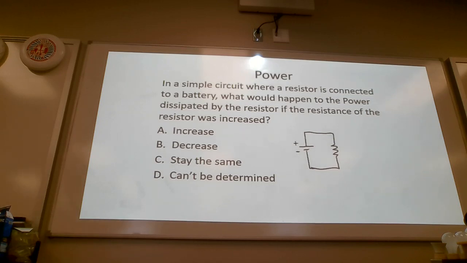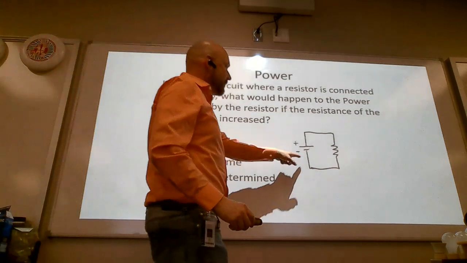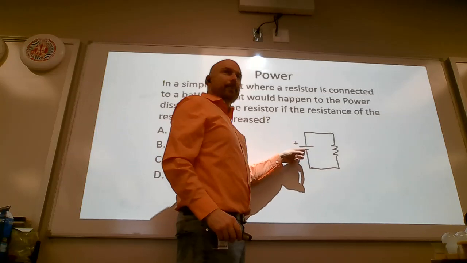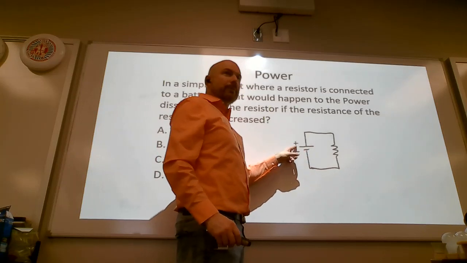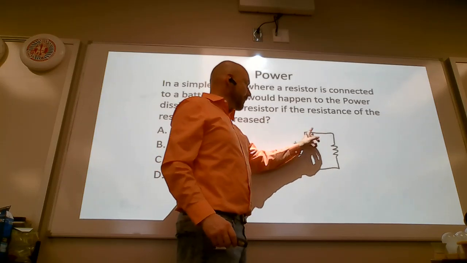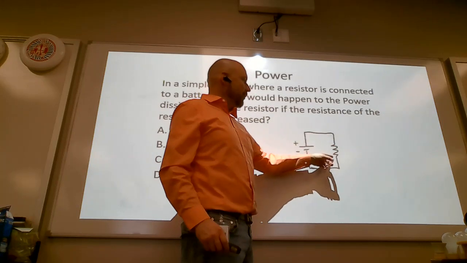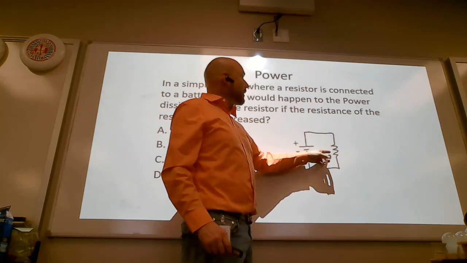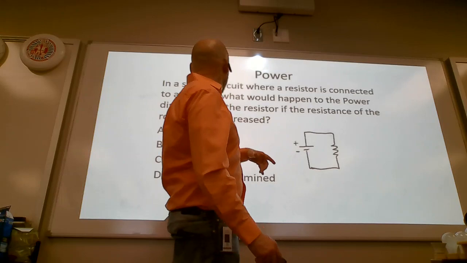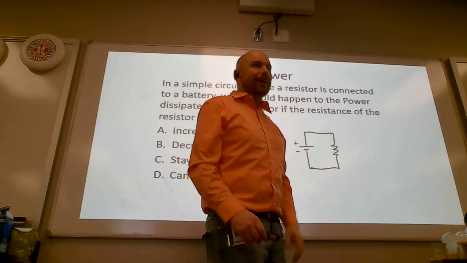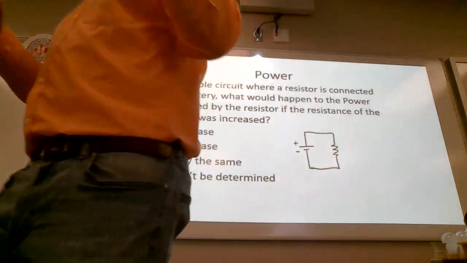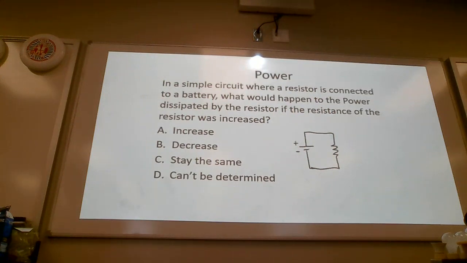So this symbol here is a battery, positive and negative terminals. These are wires that connect the battery, and this is your resistor. In this case, the light bulb, or it doesn't say that, just resistor. It's whatever the appliance is that's using electric energy.